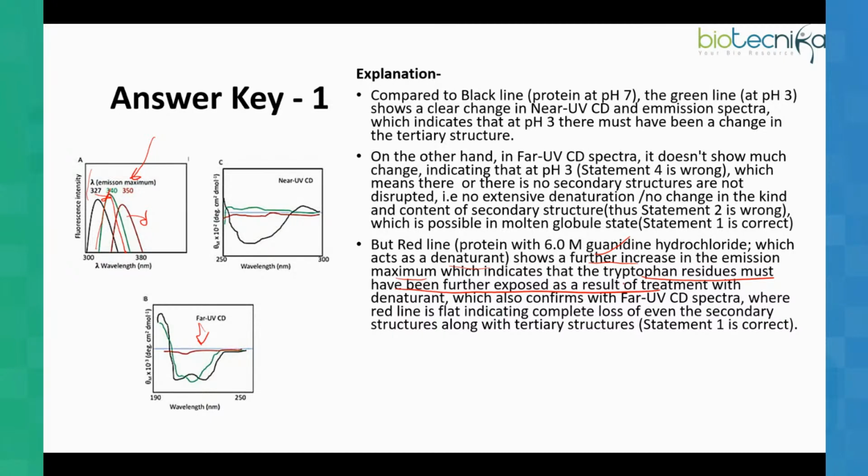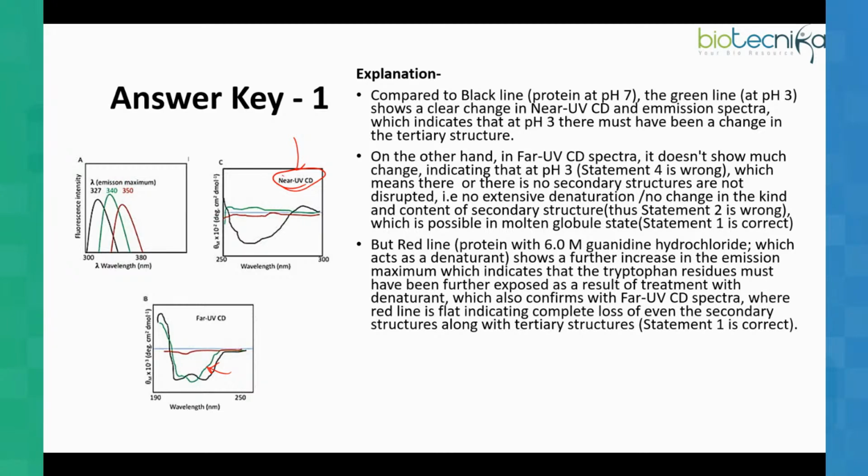So that's why the tryptophan has been exposed as a result of treatment with denaturant, which also confirms with the far UV CD spectra, where the red line is flat, indicating complete loss of even the secondary structure along with the tertiary structure. For the green line, to some extent the secondary structures are still retained, but not in near UV, because near UV spectra will reflect a lot on the intricate structures.